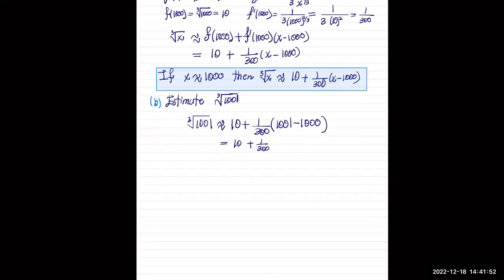What is 1 divided by 300? That would be a 3, so it'll be 10.00333.